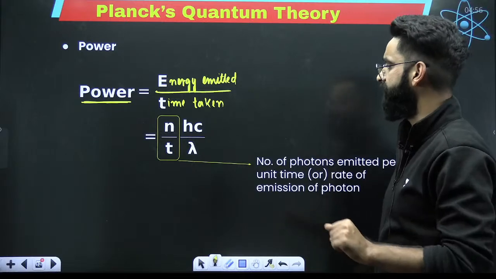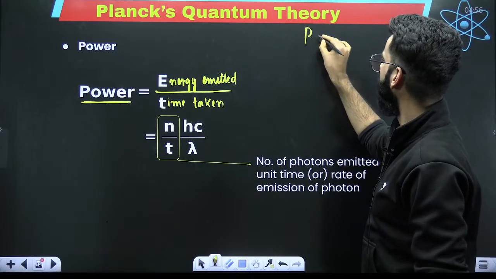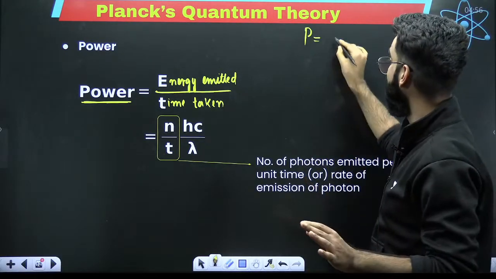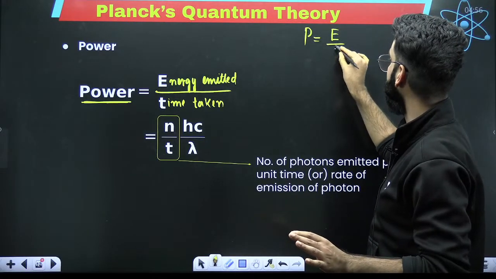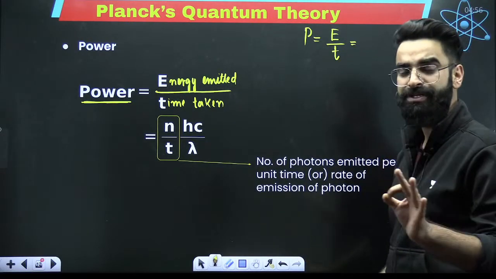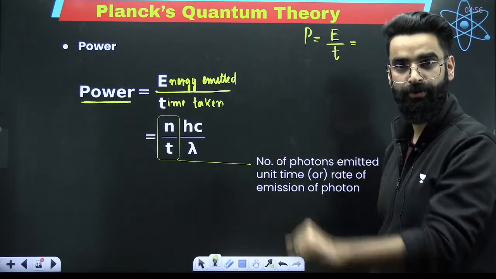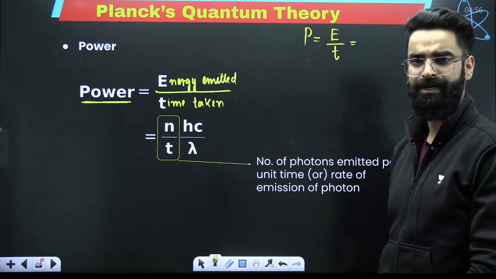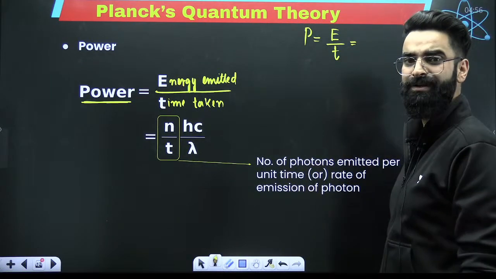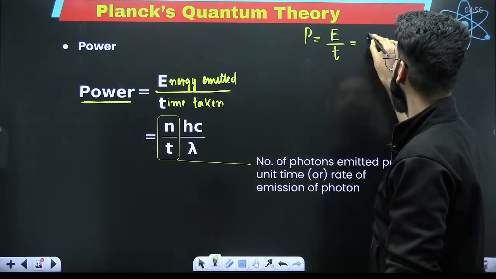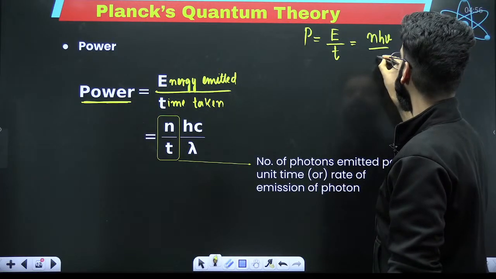Now, my dear students, try to understand. I told you power of the source is equal to energy emitted by the source divided by time taken. Now, imagine the source is emitting the radiation which consists of n number of photons. So, energy possessed by the radiation will be equal to energy of n photons, which will be equal to n h nu divided by t.